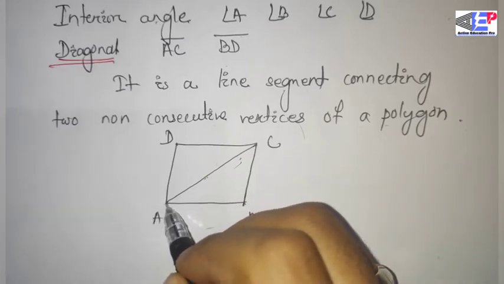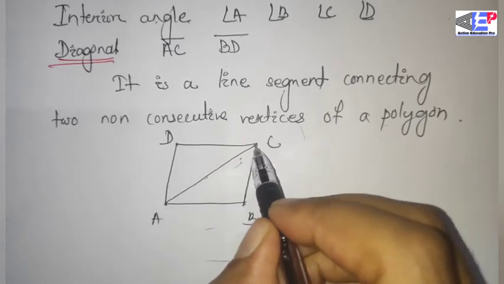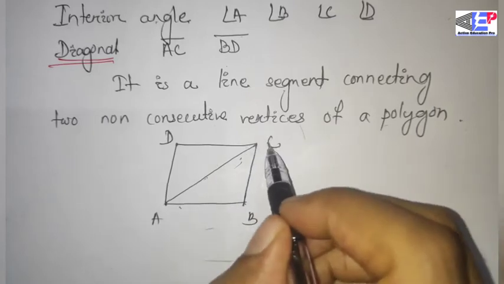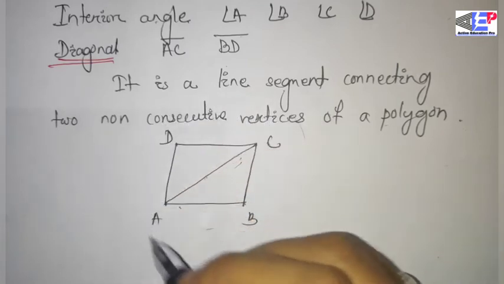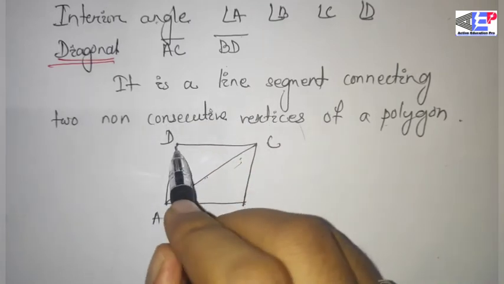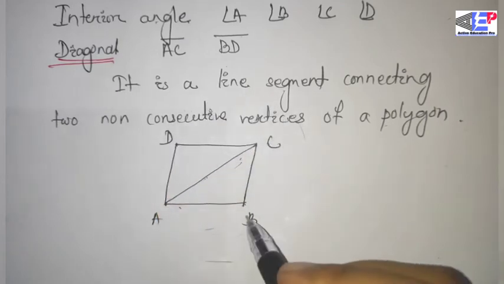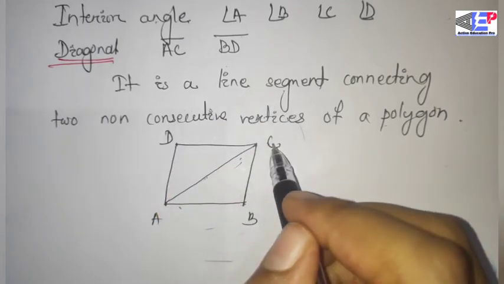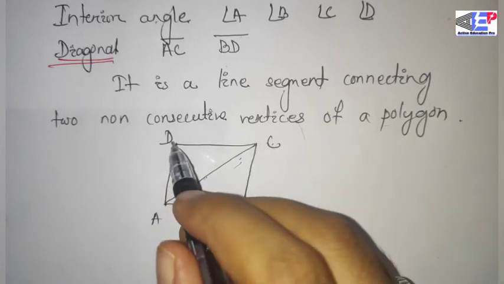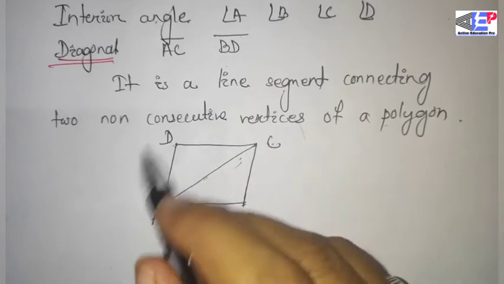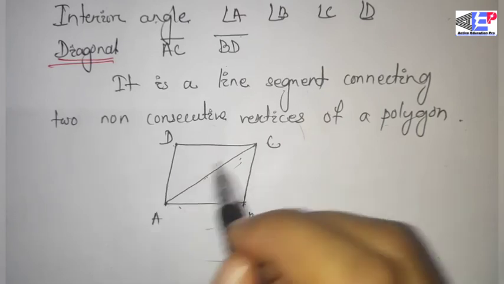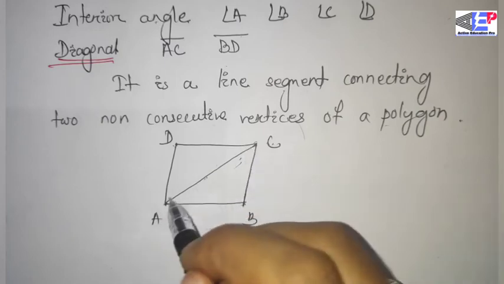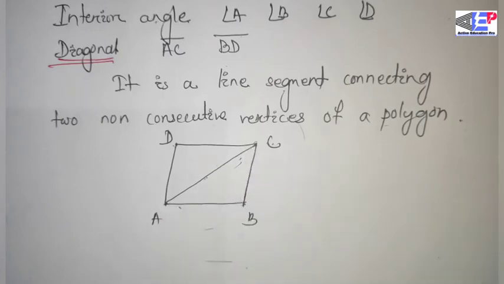A has one non-consecutive vertex, it is C. Similarly, C has one non-consecutive vertex, it is A, because if you move anticlockwise then D is the consecutive vertex, and if you move clockwise then B is the consecutive vertex of C. So by joining these two vertices, AC is the line segment, the diagonal of this quadrilateral.